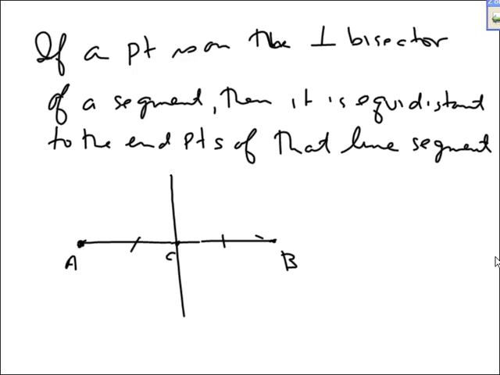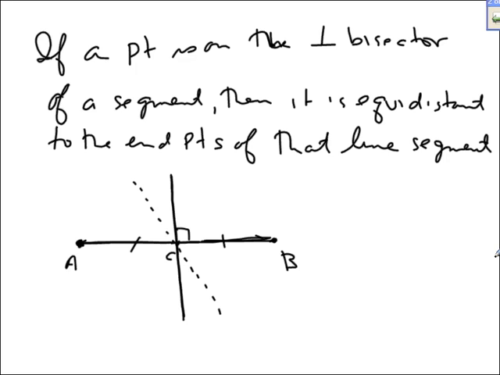Now, if you were to fold a piece of paper along that line, point B would go right on top of point A. In fact, this whole line would go right on top of that line. Now, if I folded along that line, that wouldn't be true.